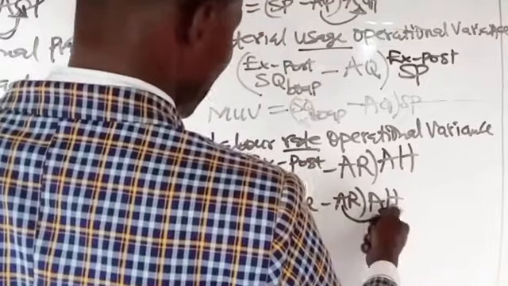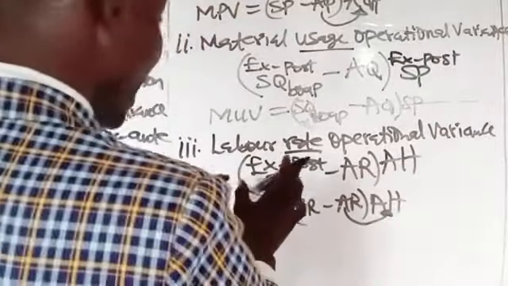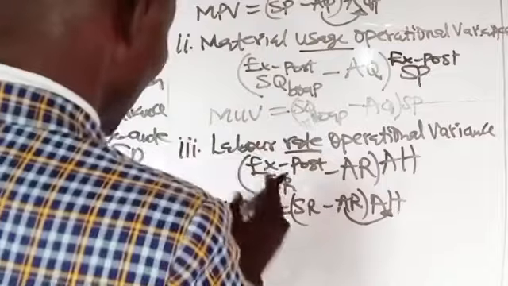So what we have here determines the weight, actual rate, actual hour. We don't have ex post or S and T for actual. The ex post and ex ante are for standard.